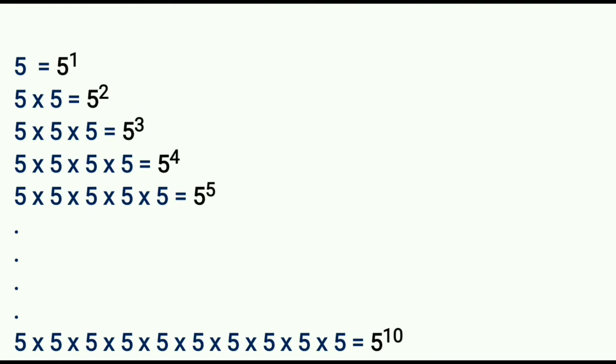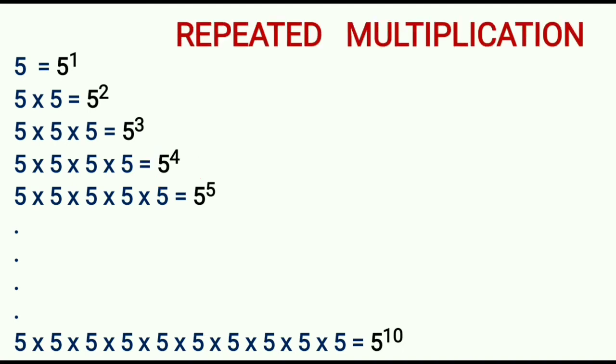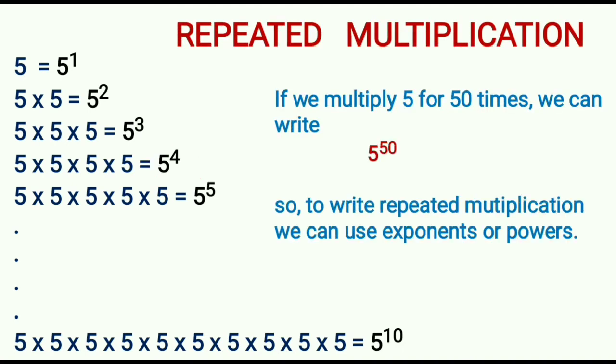If we multiply 5 for 4 times, we can write it as 5 raised to power 4 and so on. So that's a repeated multiplication. If we multiply 5 for 50 times, we can write it easily as 5 raised to power 50. So to write repeated multiplication, we can use exponents or powers.